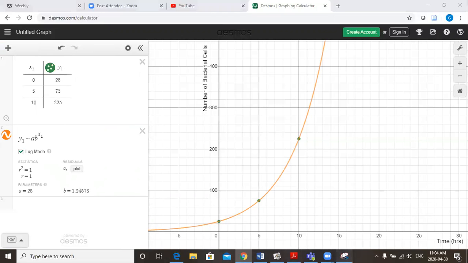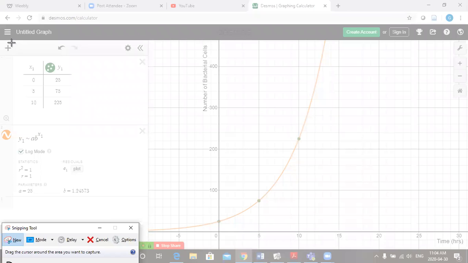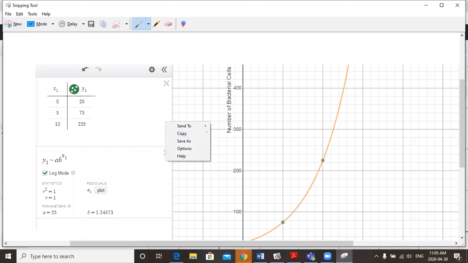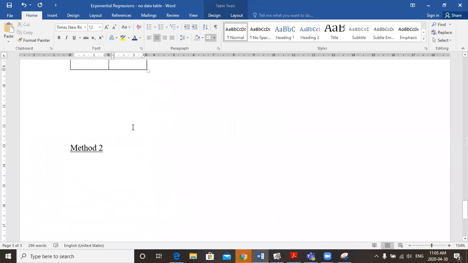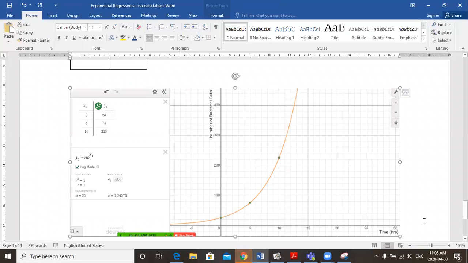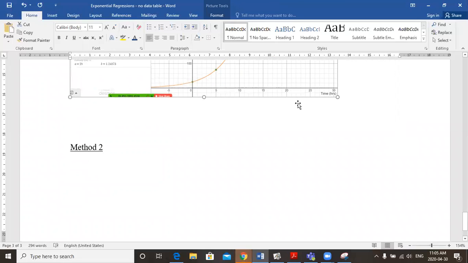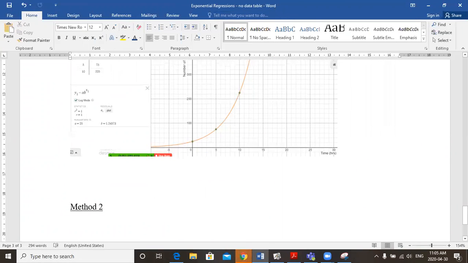So we can snip that and copy paste that into our notes. Okay, so our A value is 25. Our B value is 1.24573.